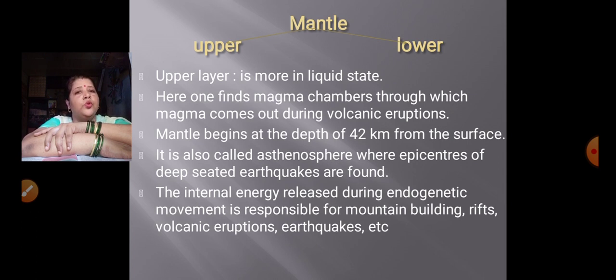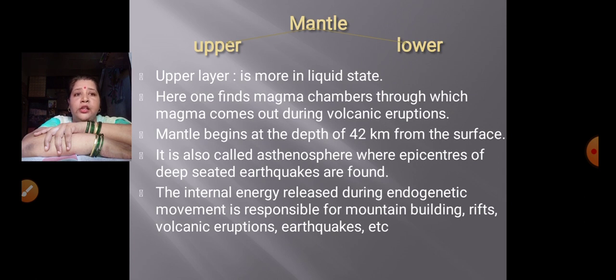Now the chambers of this hot molten magma are over here in the upper mantle. In the upper mantle, we have the magma chambers through which magma comes out during volcanic eruptions. Now, as I have already told you, the mantle begins at the depth of 42 kilometers from the surface of the Earth or the crust of the Earth.